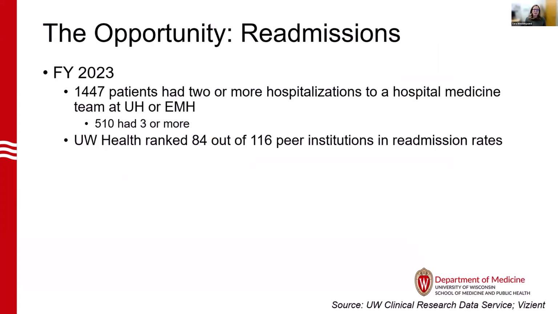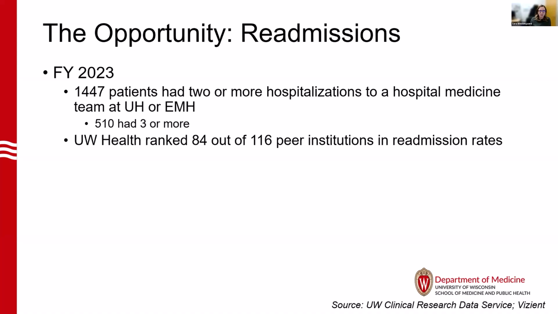We recognized that there was an opportunity within our health system to address this. Readmissions has been an ongoing priority area for the health system. We identified through some preliminary data that there was a large population of patients who were being hospitalized multiple times throughout the year.